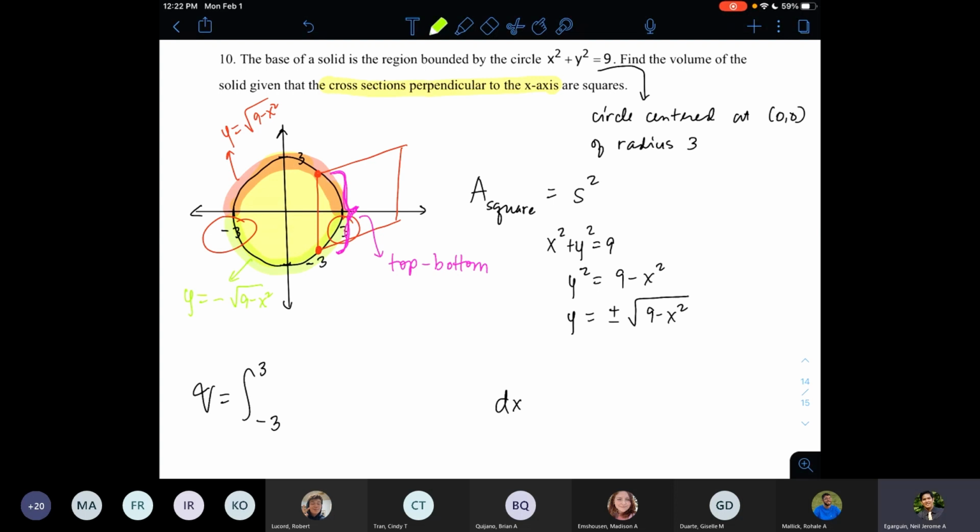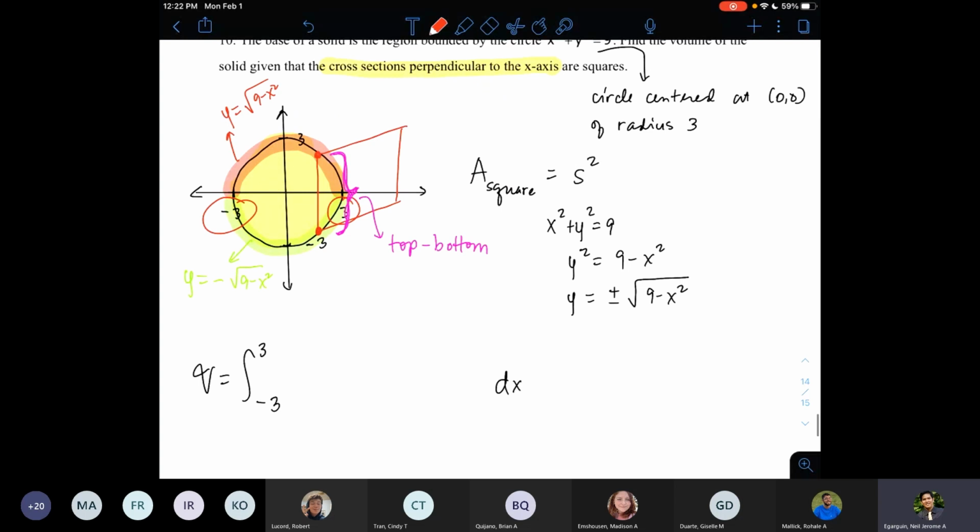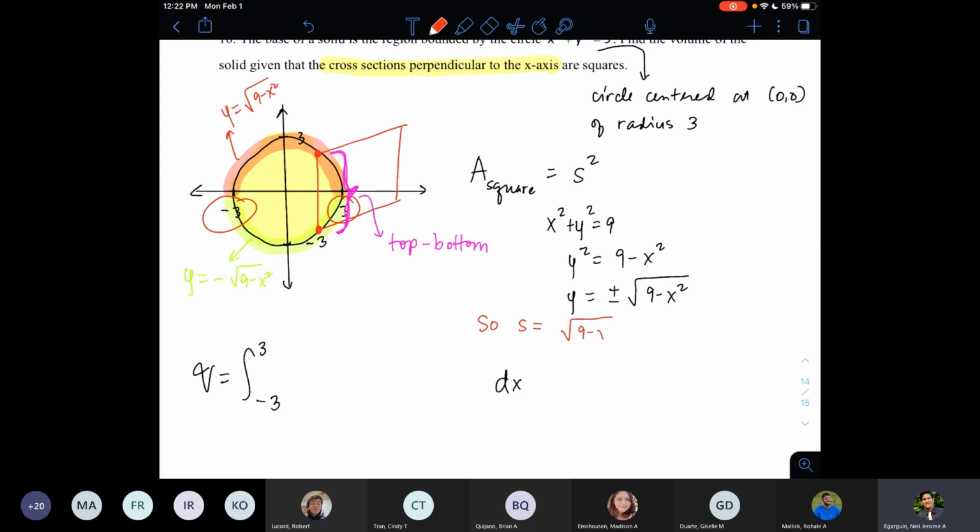So that means S, the side length, would be top function minus the bottom function. So that will be root of 9 minus x squared minus negative root of 9 minus x squared. So that will be twice the root of 9 minus x squared.